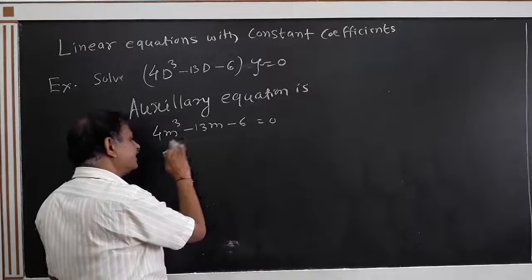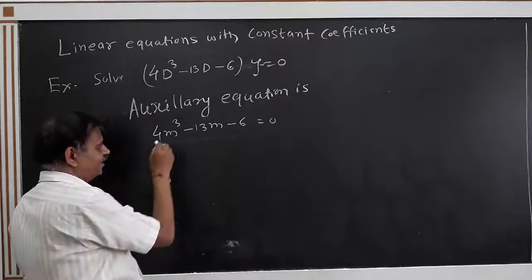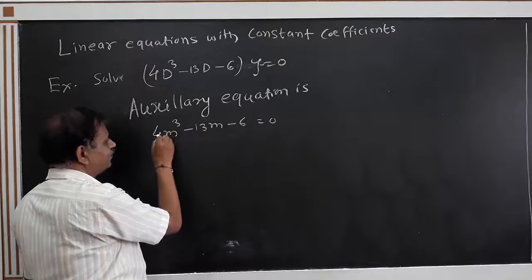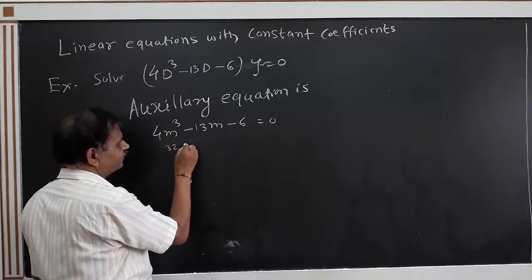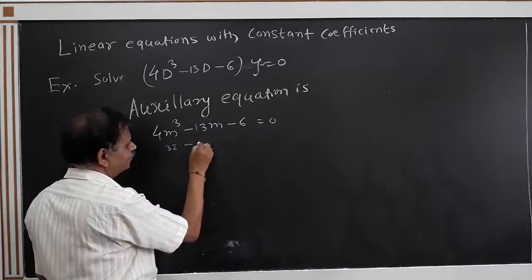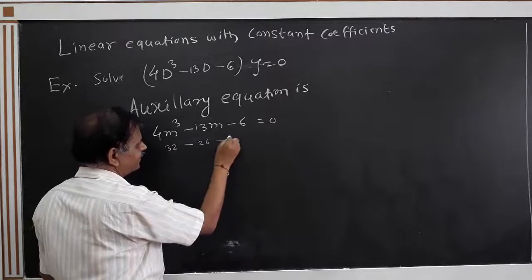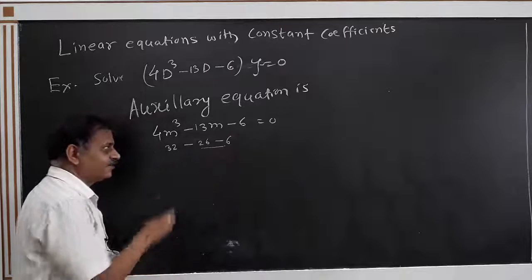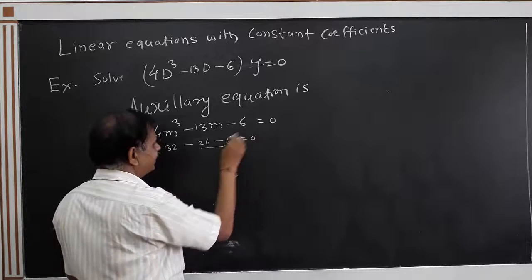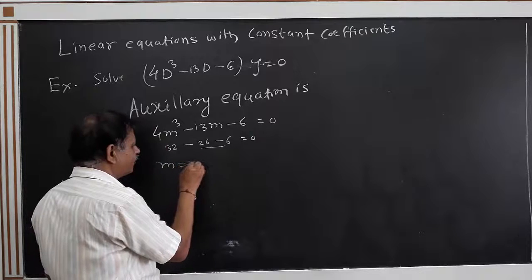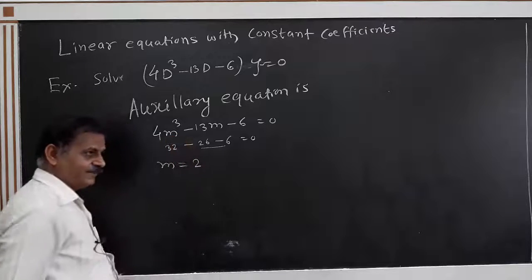But if I take m equal to 2, 2 cube 8, 8 into 4, 32, minus 13 into 2, 26, minus 6, 26 and 6, 32, and 32, 0. Therefore, m equal to 2 is the first root of this cubic polynomial.